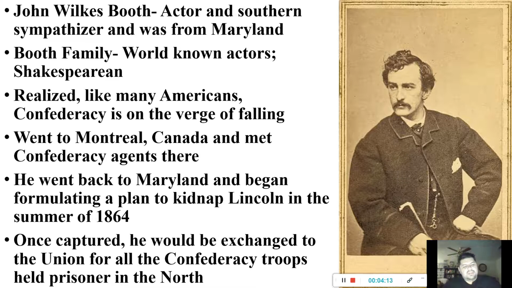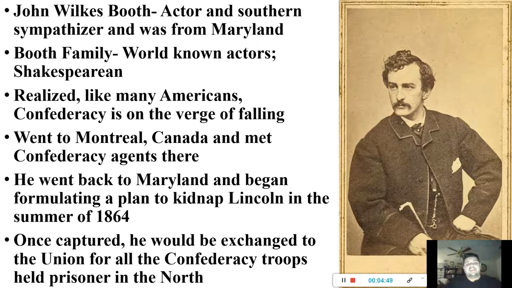So he comes back to Maryland in the summer of 1864, and he comes up with a plan to kidnap Lincoln. His plan is to kidnap him, not to kill him. The plan was to kidnap Lincoln and then trade him for all the Southern soldiers kept in jail as prisoners of war. Trade the president for all those soldiers.